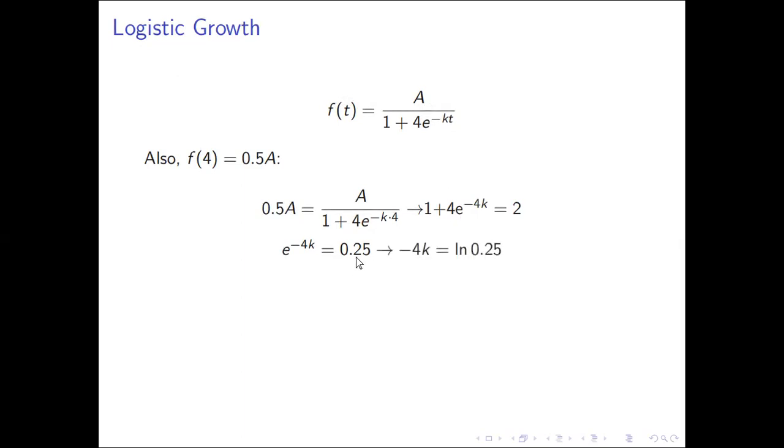Take the ln and solve for k. Approximate to the required number of decimal places, in this case 0.347. And we can put that k into the formula, giving us this.